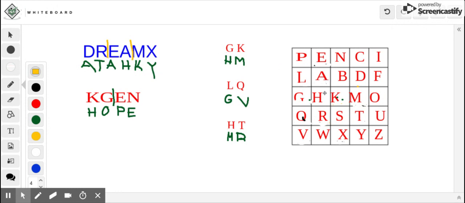Well, we actually already did the rows, so I think you understand since both of those were that. L and Q are in the same column. So like we did before, we went down 1, so instead we're going to go up 1. So L is going to become P and Q is going to become G.